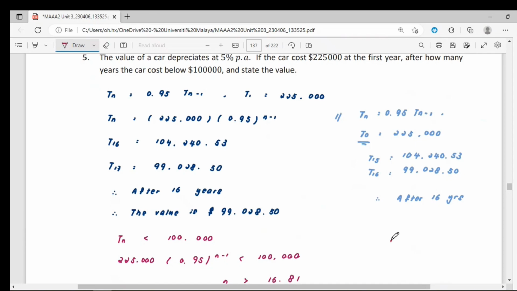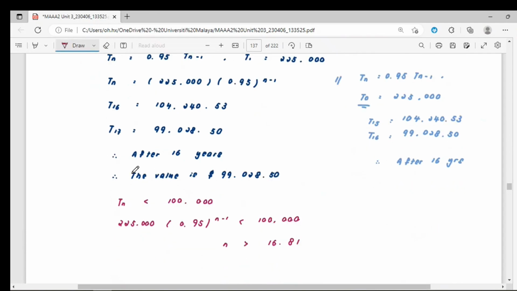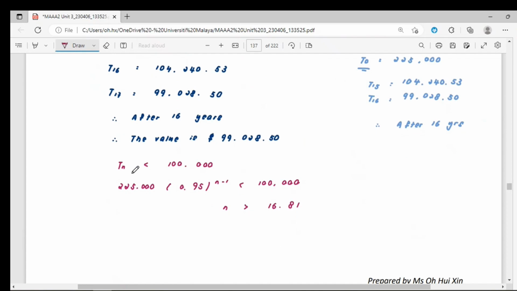If your final answer were less than, it would be very weird. Even 1 is also less, but year 1 is actually not costing lower than 100,000. Same for 5 or 6. The newer the car, the car cannot cost less. So there's some idea behind it that you can think about. So n is greater than 16.81.